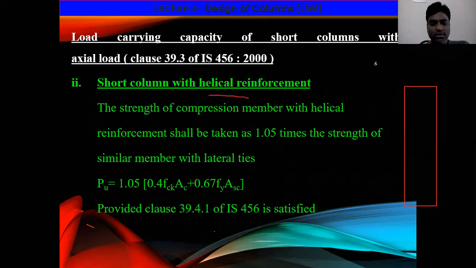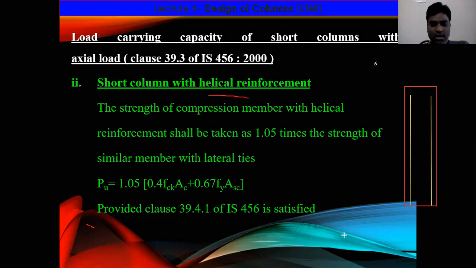The main bars are provided like this, and the helical reinforcement is provided like this.